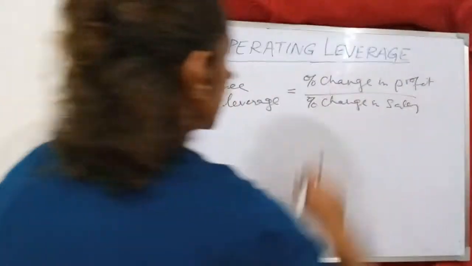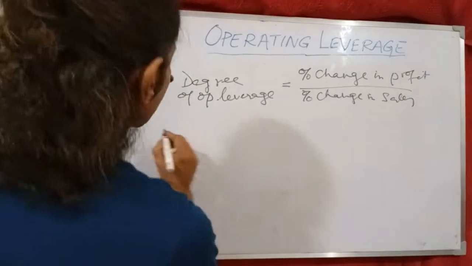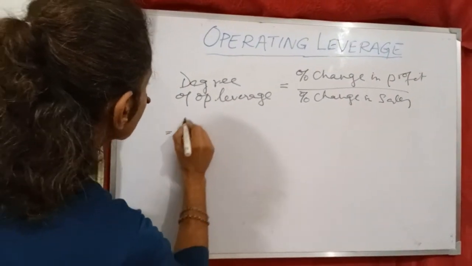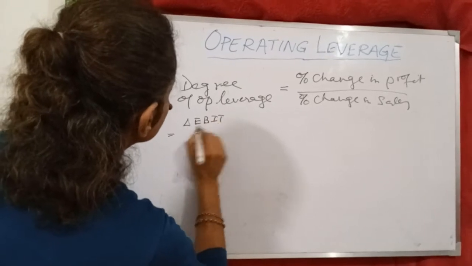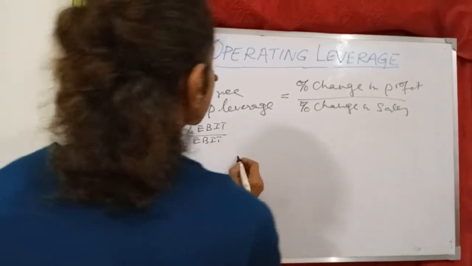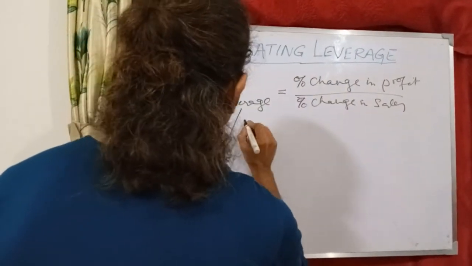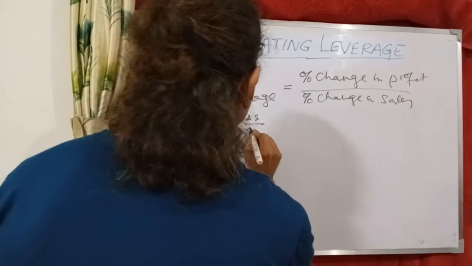Now this profit is what? EBIT, earnings before interest and tax. So this is equal to delta EBIT divided by EBIT, whole divided by delta S by S.